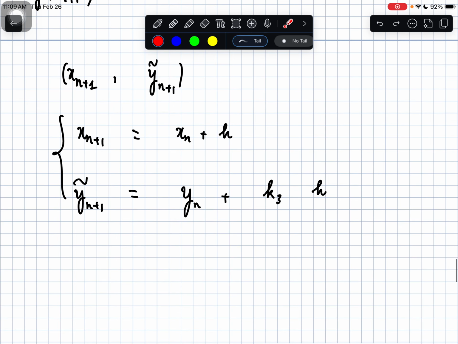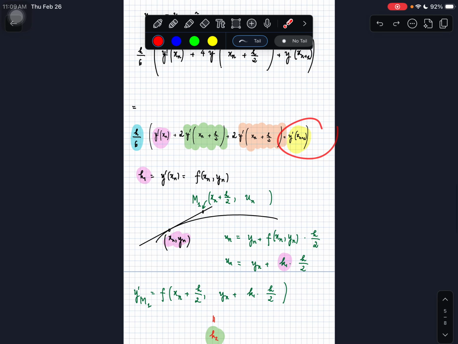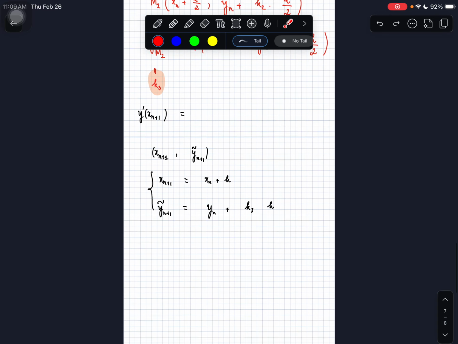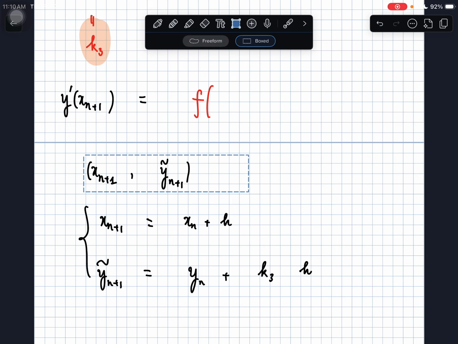And the slope at this point will be the one we use to approximate the last term, y prime xn plus 1. Y prime xn plus 1 will be the slope at this point, xn plus 1, yn plus 1 tilde.